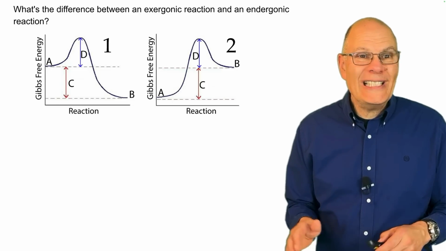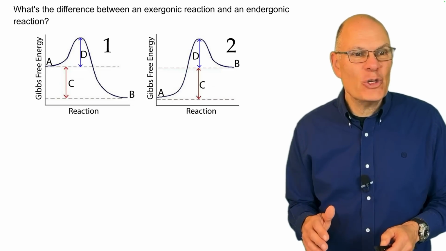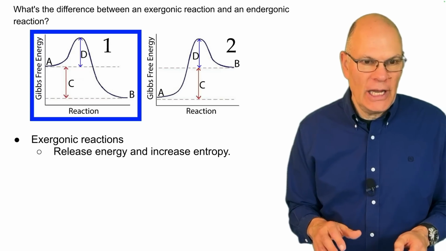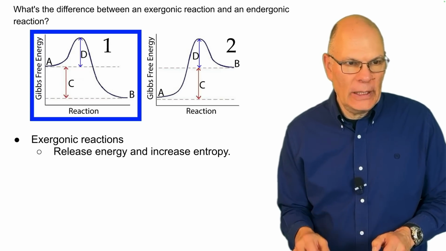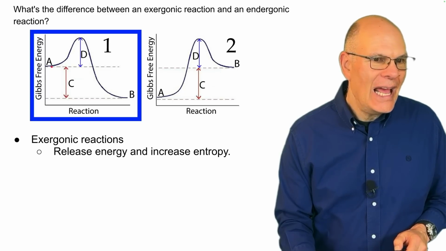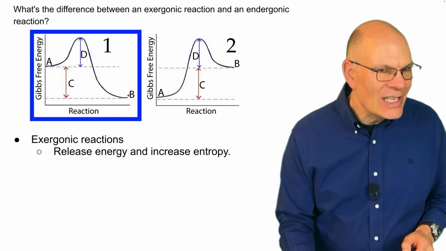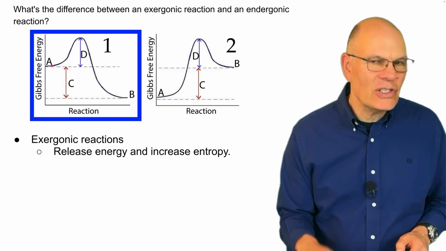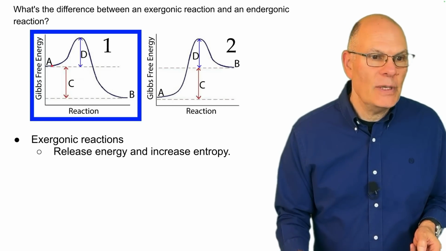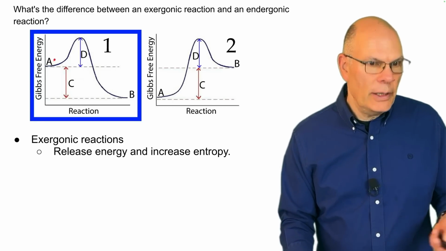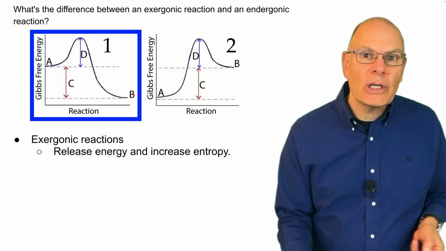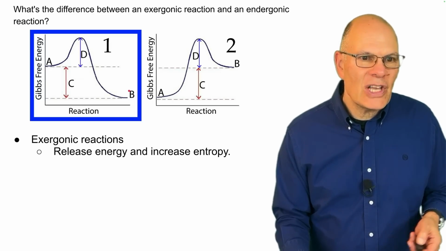What's the difference between an exergonic reaction and an endergonic reaction? Exergonic reactions release energy and increase entropy. So here's an exergonic reaction over here, and the energy of the reactants is less than the energy of the products. And you can't see this, but for example, if you burn a piece of paper or a piece of wood, you start with cellulose over here, and you wind up with many unorganized atoms of carbon dioxide and water.